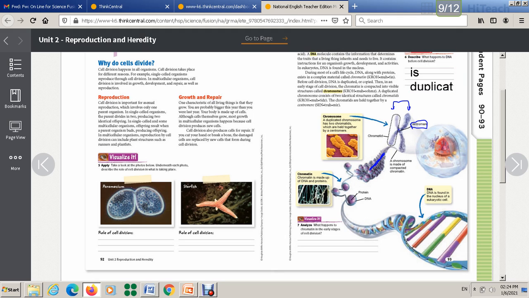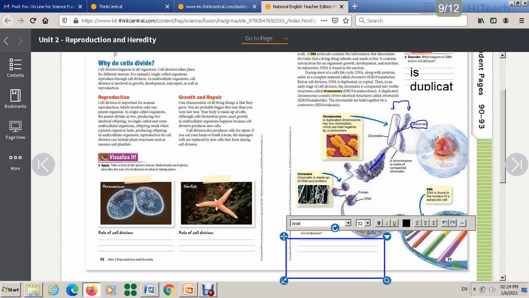So here, let's write it now. Chromatin condenses, actually chromosomes have two chromatids connected by what?